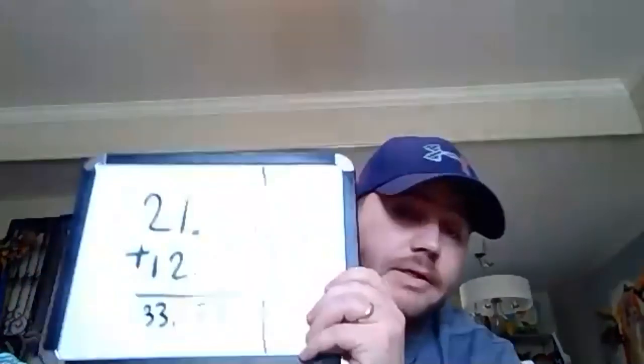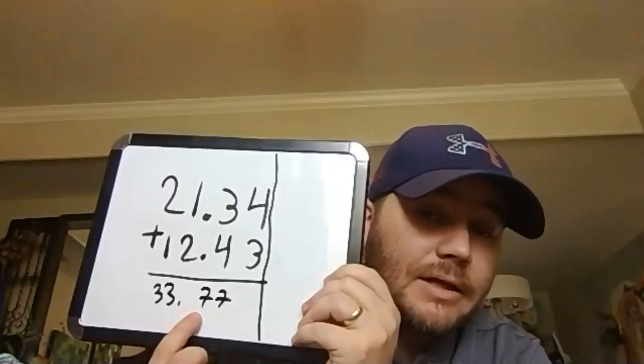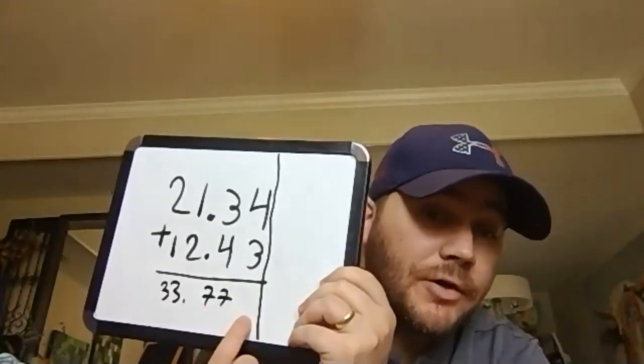So, the correct answer is 33.77 or 33 and 77 hundredths. So it's 33 and 77 hundredths. Yes, Bethany, that is correct.